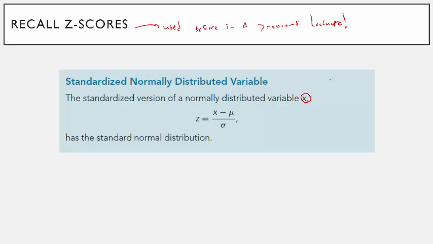Okay, so any x, like in our example, x here is the talk time on the iPhone 10.